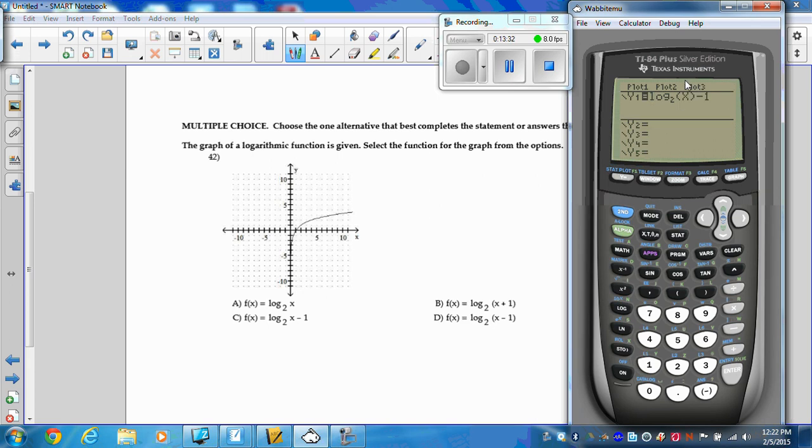And this one, let's move the parentheses. So we're going to delete that parenthesis, or put in x plus 1 inside the parentheses and delete the -1.